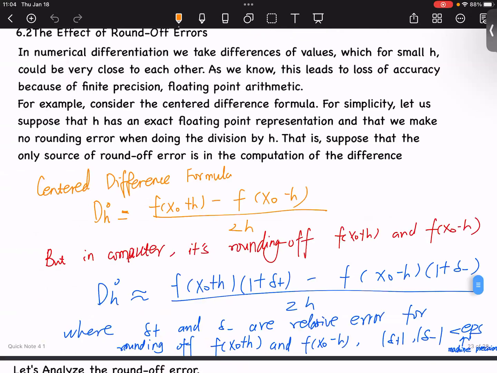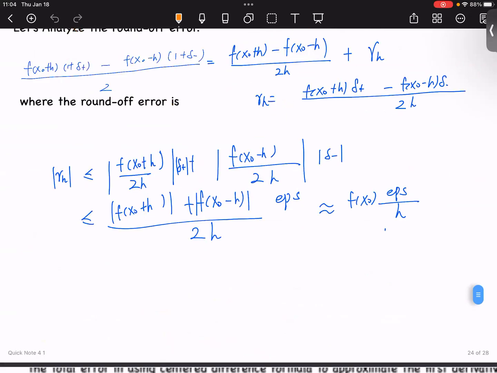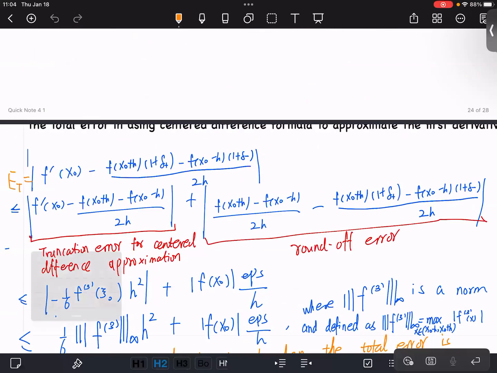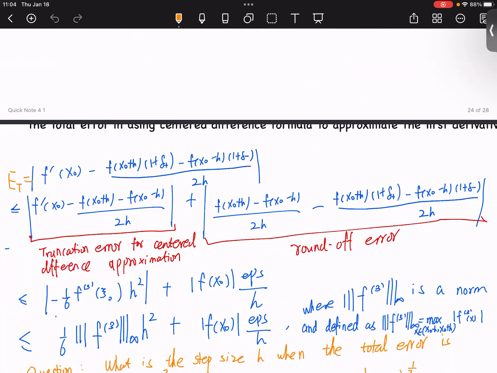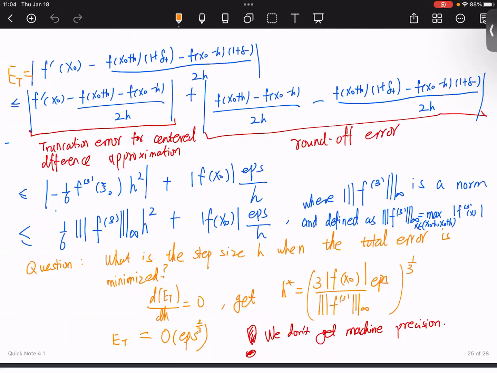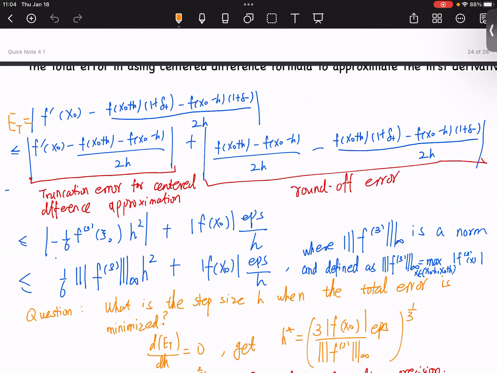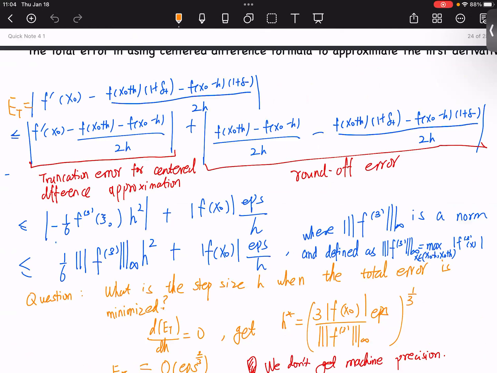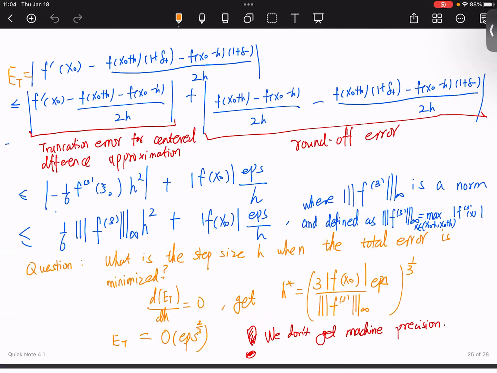We briefly mentioned that we actually used a lot of time to analyze this, the total errors in the approximations using the center difference formula. The total error contains 2 parts.